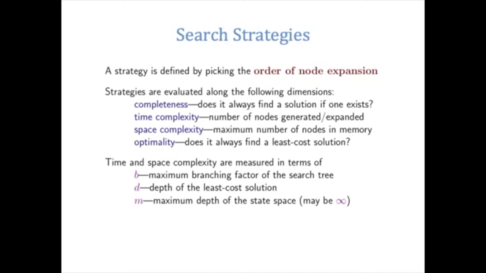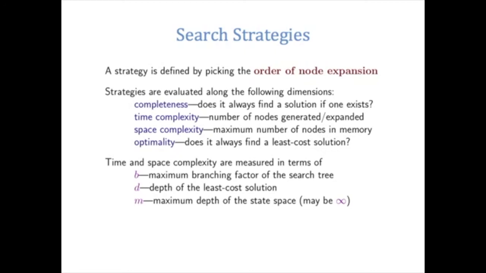Well, we can evaluate it in terms of completeness, time complexity, space complexity, and optimality. By completeness we mean, does it always find a solution if one exists? You can think of that as analogous to completeness when we were talking about logic, predicate logic, and propositional logic.